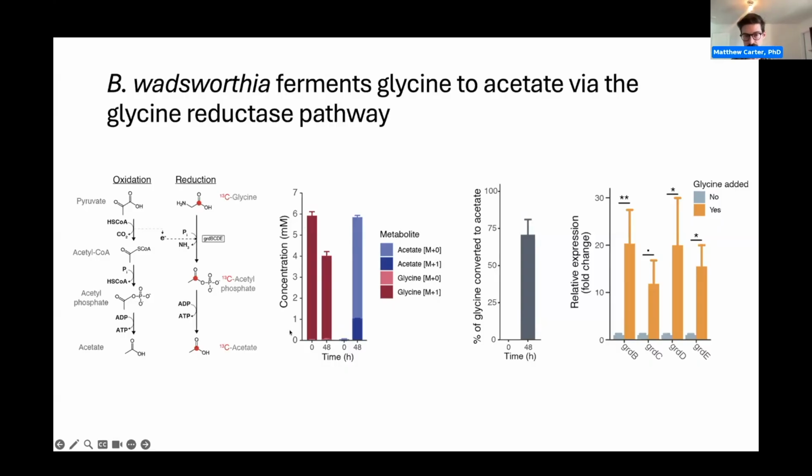And what we see is that when we do this, we do see an accumulation of this heavy acetate in the growth media. In fact, the majority of glycine that is consumed is converted to heavy acetate. And we also did an RT-qPCR showing that when you add glycine to growth media, you do see activation of this pathway relative to media that does not have glycine in it.